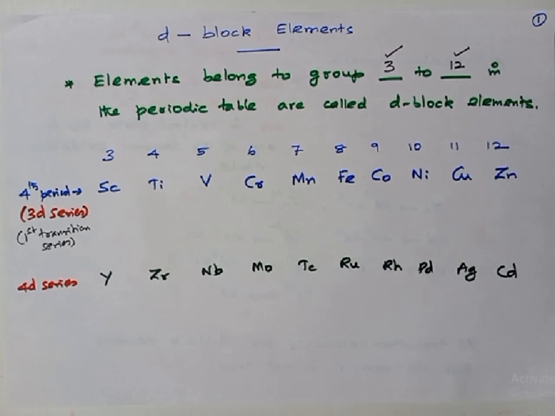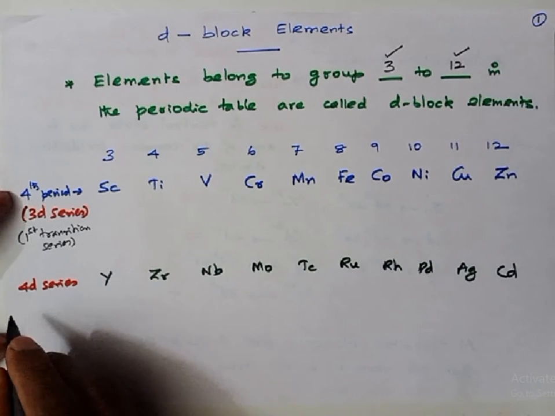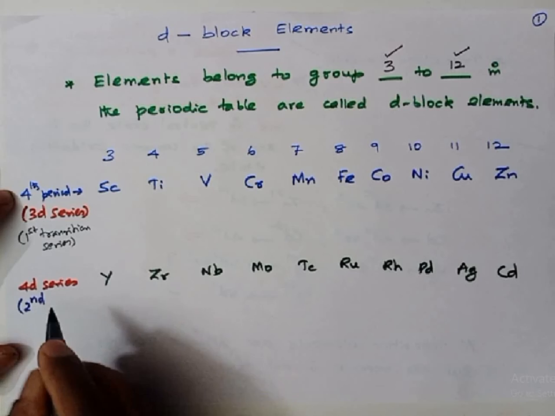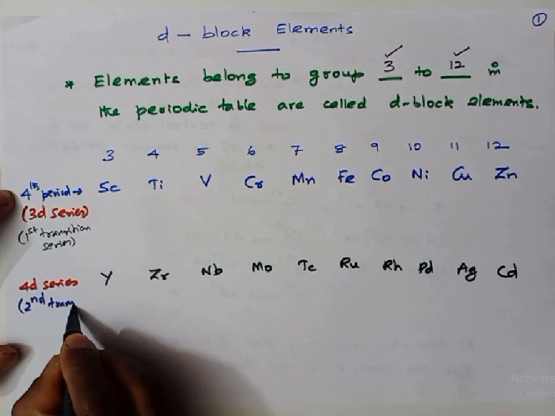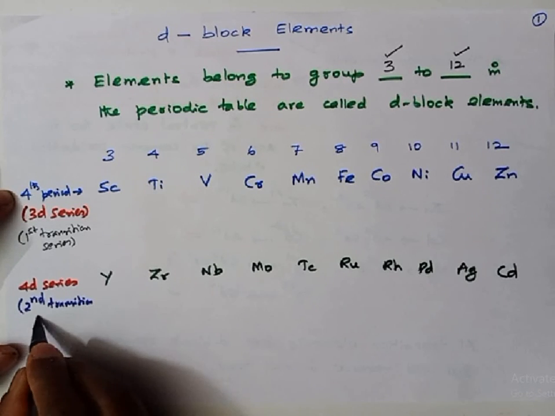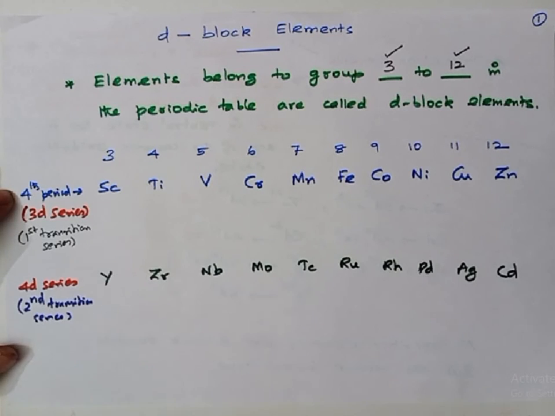These elements are also called second transition series elements. Second transition series are usually called 4D series. Clear?